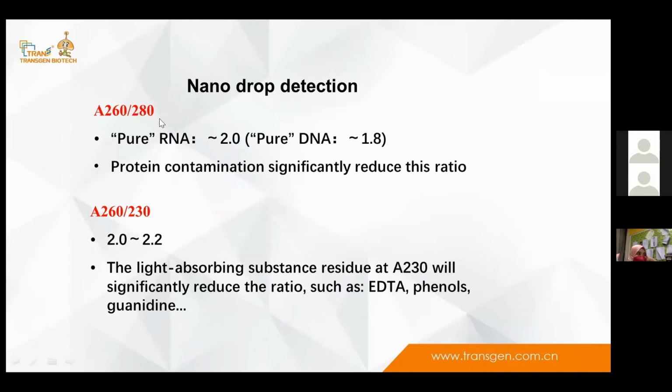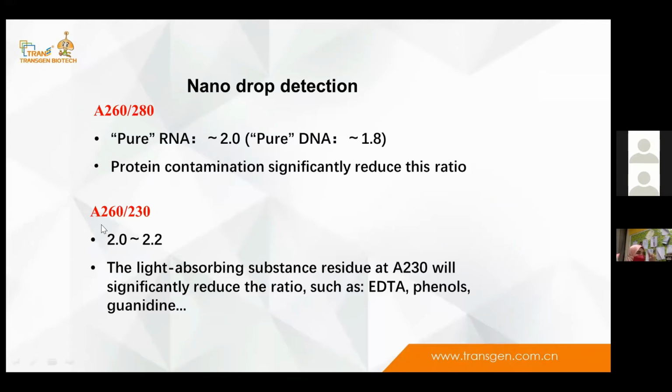Pure RNA has a ratio of about 2.0, and pure DNA is usually 1.8. Protein contamination significantly reduces this ratio. When the ratio is maybe 1.0 or 0.7, there may be a lot of protein contamination.